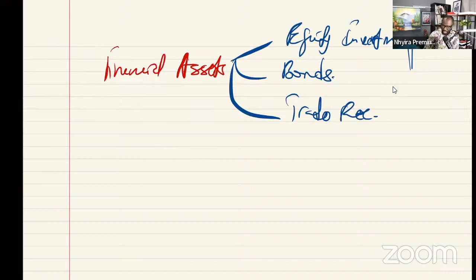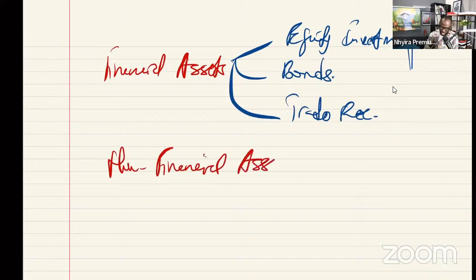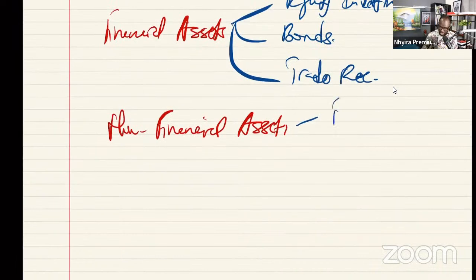Are you getting it? Then non-financial assets will be issues relating to infrastructure, property, plant, and equipment. So we are talking about roads, buildings, motor vehicles, work in progress.